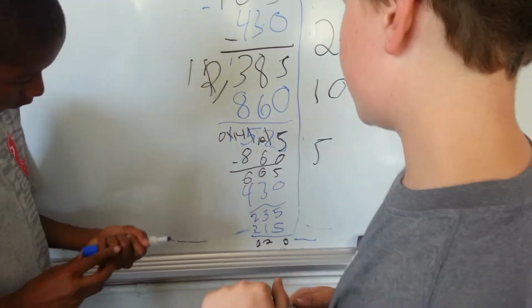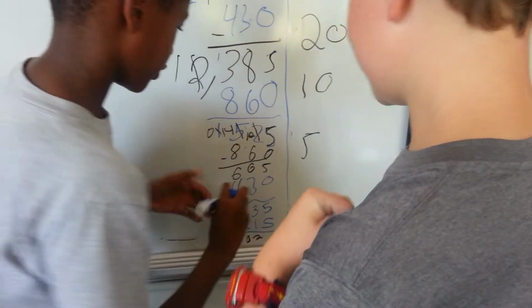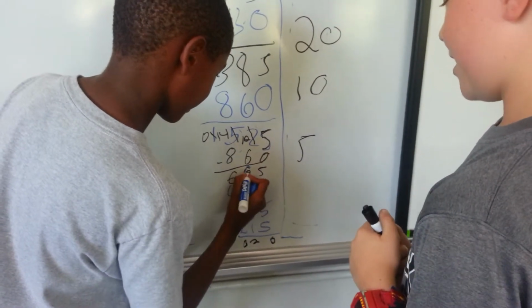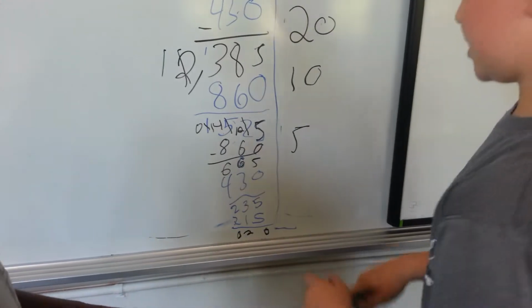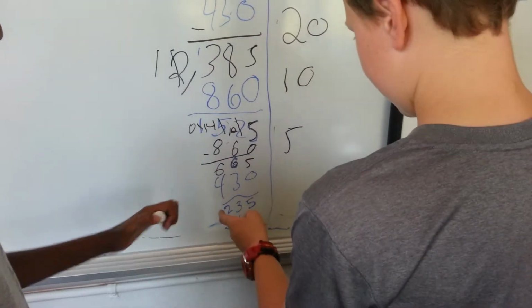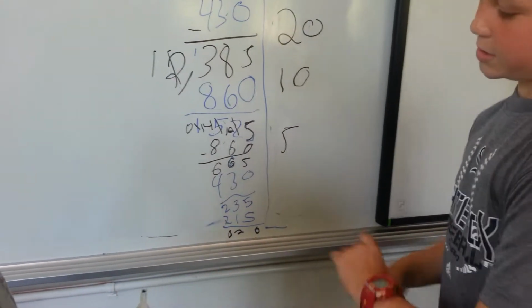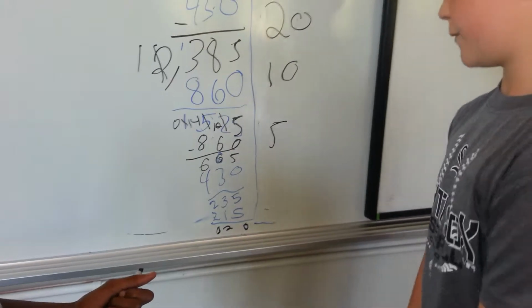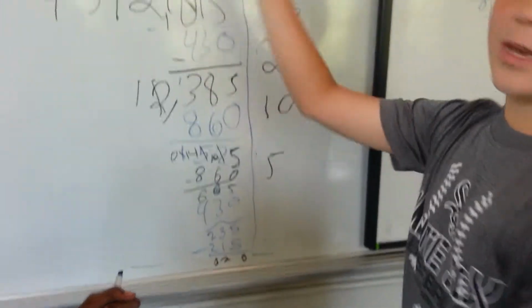Then we came up with an answer of 665. And then we did it times 10, which gave us 430. Then we minus that and got 235. And then we couldn't go to 10, so we had to go to 5, which gave us 215. Then we minus that, that gave us 20.